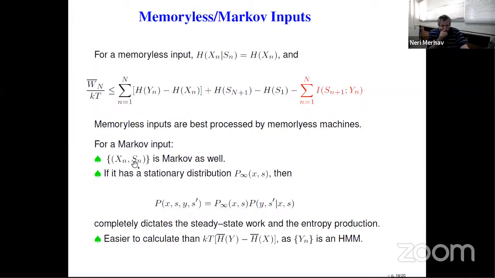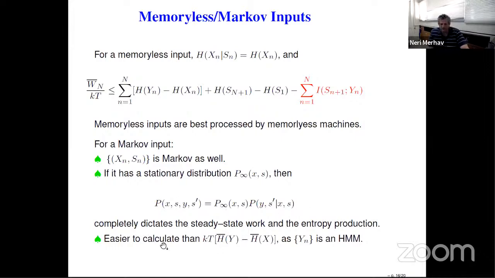For a Markov input, we have the pair Xn, Sn jointly Markov, and then, if it has a stationary distribution, we can write the joint distribution of all 4 variables, where S is the current state and S prime is the next state. And we can compute actually everything, both the work and the entropy production, just from this joint distribution.